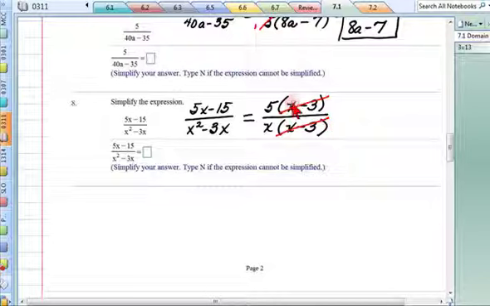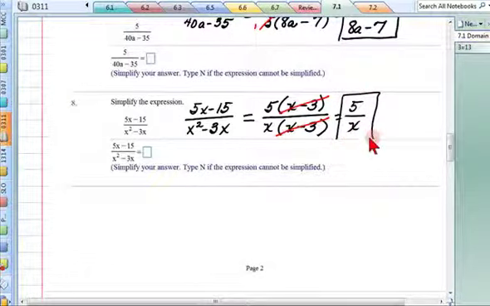Never reach in there and just take the x. Coming after you. Whole thing. So what's my final answer when I reduce this? It is 5 over x. When you simplify a rational expression, you must factor the numerator, factor the denominator, and divide out common factors. Okay, let's look at problem number 9.